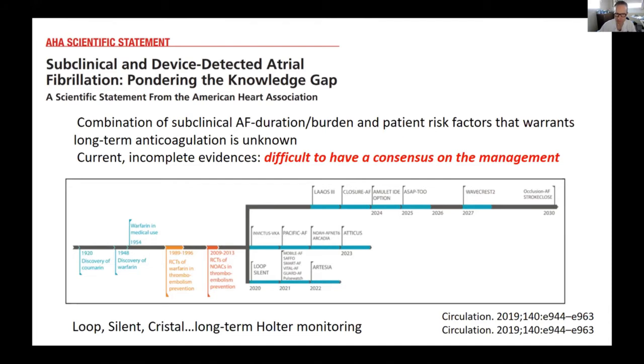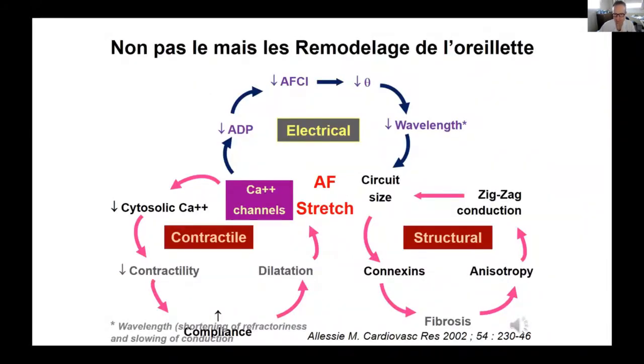And perhaps for that, the assessment of LA size and LA function could be useful. I will try to convince you. Of course, when you look at the LA, there is a remodeling of the LA when you have an arrhythmia. It means that you have an electrical remodeling, and this electrical remodeling associated with an arrhythmia is associated with LA contractile remodeling and LA structural remodeling.